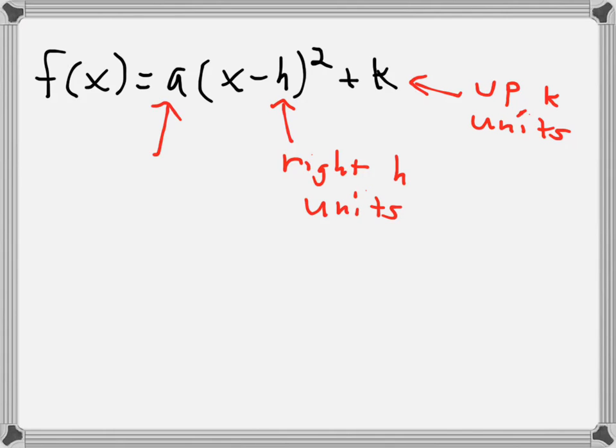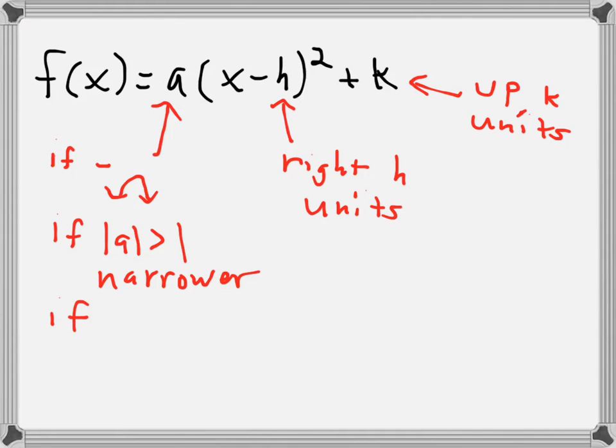And this one, we just got to be a little careful. It depends. First of all, if it's negative, then it's going to take that happy face and turn it upside down. We're going to get a sad parabola. And if the absolute value of it is greater than 1, then it's going to become narrower.